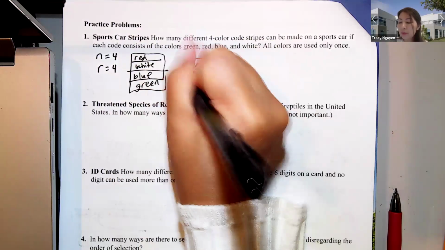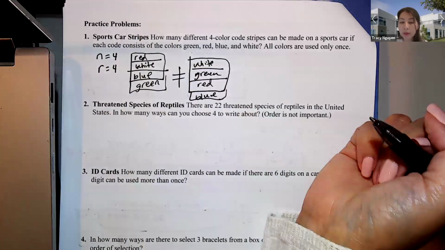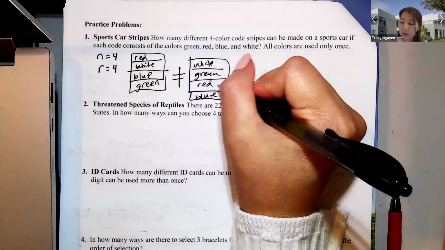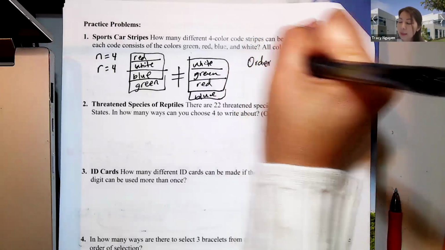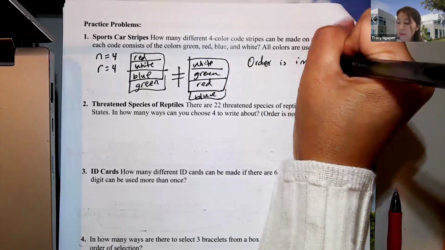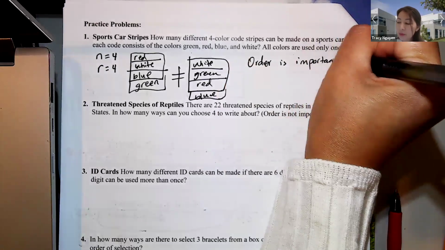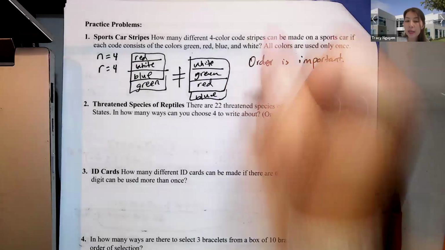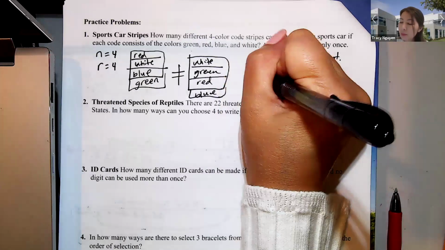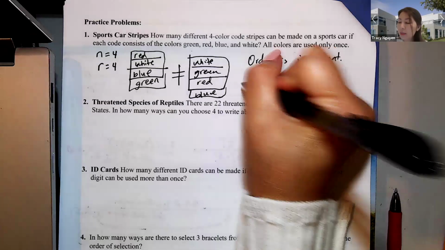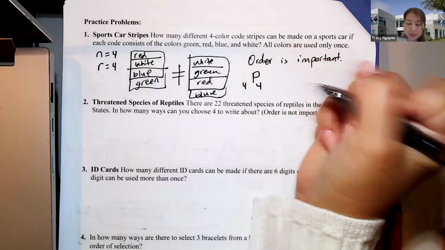Obviously, the first stripe is not the same as the second stripe because we changed the order of the colors, right? So here it's telling us order is important. Because of the different order of the colors, we get different stripes. So order is important. That tells us permutation. Permutation of 4 choose 4, okay?